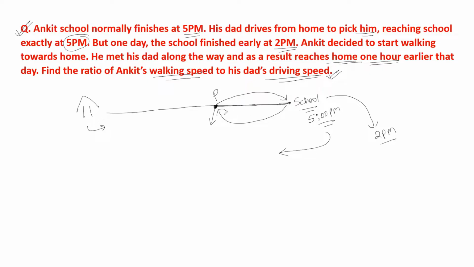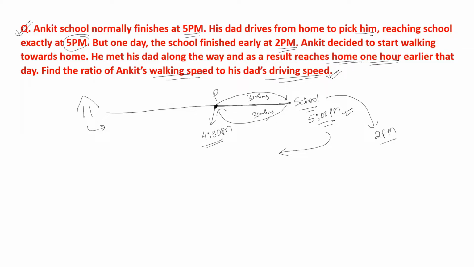So we can say that his dad's car would be taking 30 minutes from point P to school and another 30 minutes from school to point P. So on that day, if his dad's car was supposed to be at school at 5 p.m., we can say that his dad's car was at point P at 4:30 p.m.